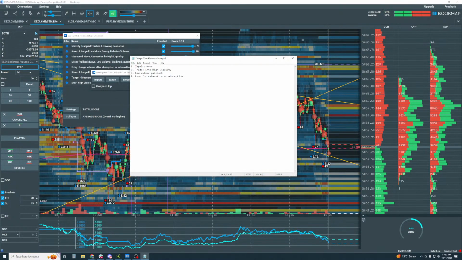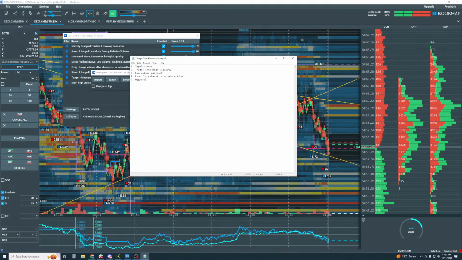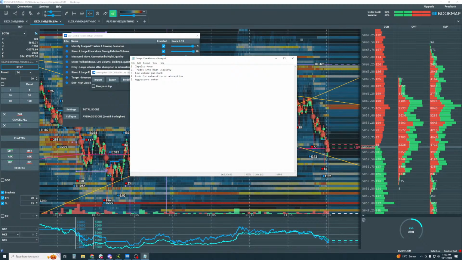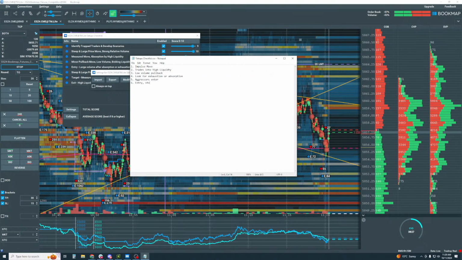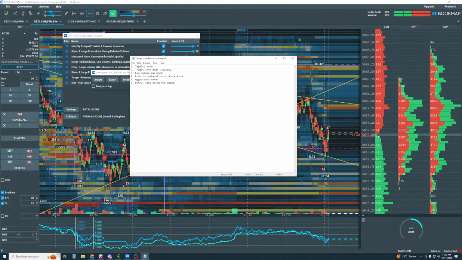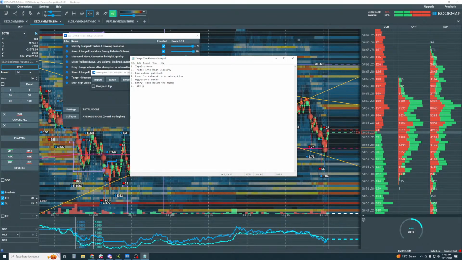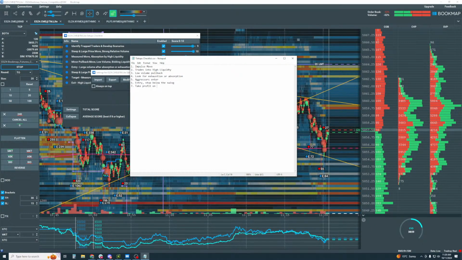And then we're looking at number 5, aggressors enter. Okay, and then entry. Stop below the swing. And then you can even say take profit on measured move or high liquidity.